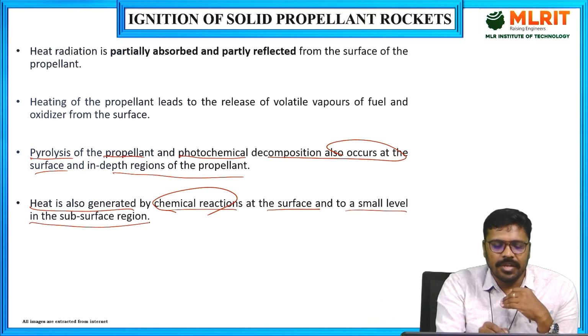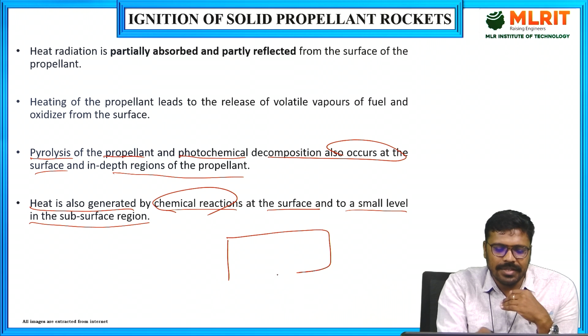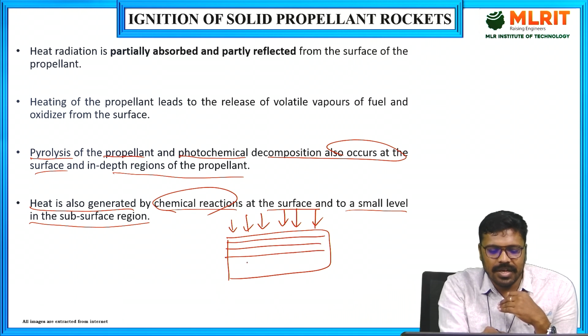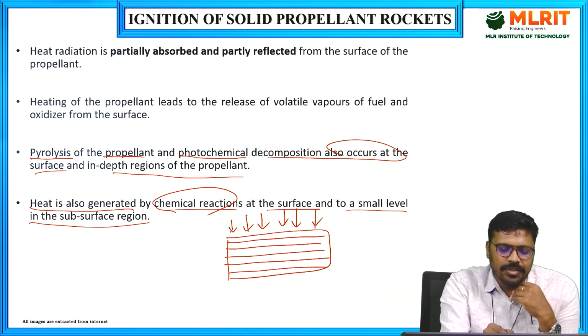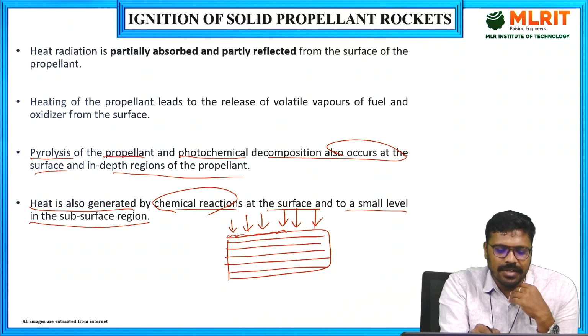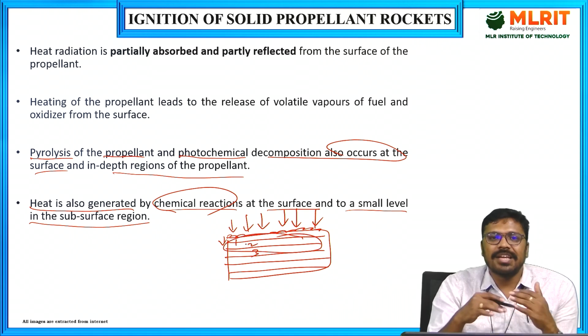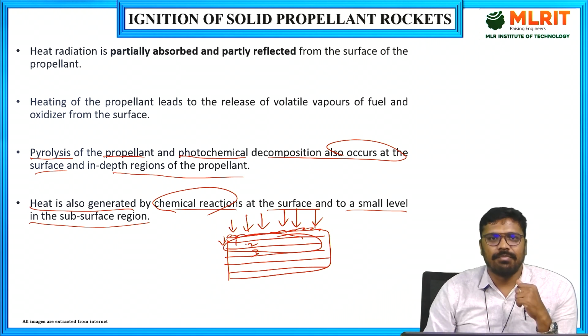The heat is also generated by the chemical reaction at the surface and, to a small level, in the subsurface region also. Suppose you take a propellant grain like this, and I assume this is the surface, and I divide the grain into layers. The chemical reaction happens much more easily on the surface, and the small amount of heat transferred to sub layers 1, 2, 3 will also start a small reaction process in those layers.